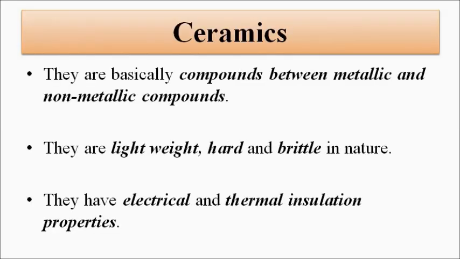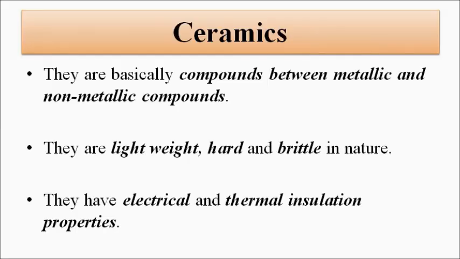So ceramics are basically compounds between metallic and non-metallic materials. Okay, so they are very lightweight but hard and brittle in nature. Okay, they have electrical and thermal insulation properties.